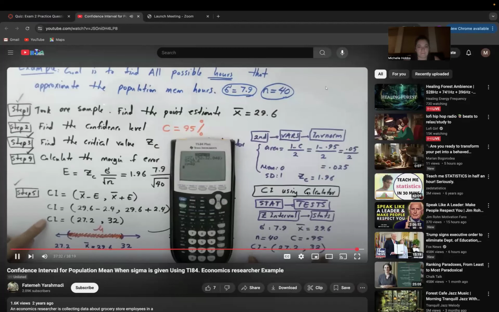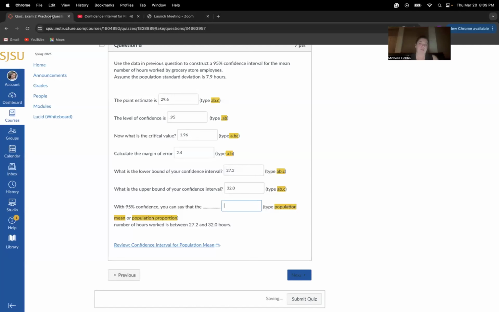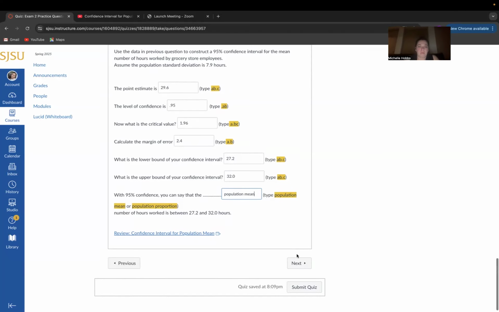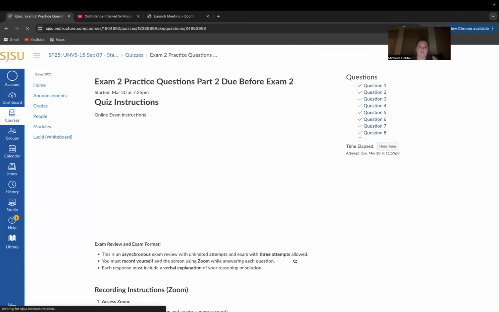So it means that the calculations that we did match, and this is the population mean.